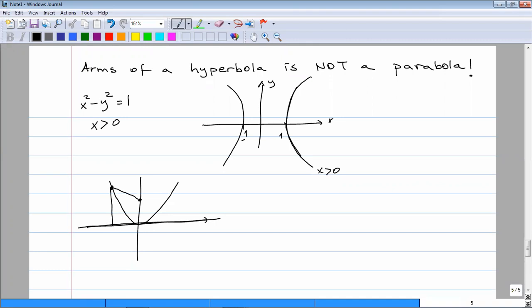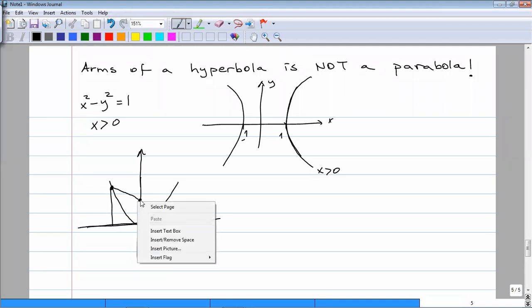I believe a parabola has its own center axis, a line where the entire point is symmetrical. That's true, but it is also true for the hyperbola. The parabola is symmetric with respect to this line through this point called the focus.